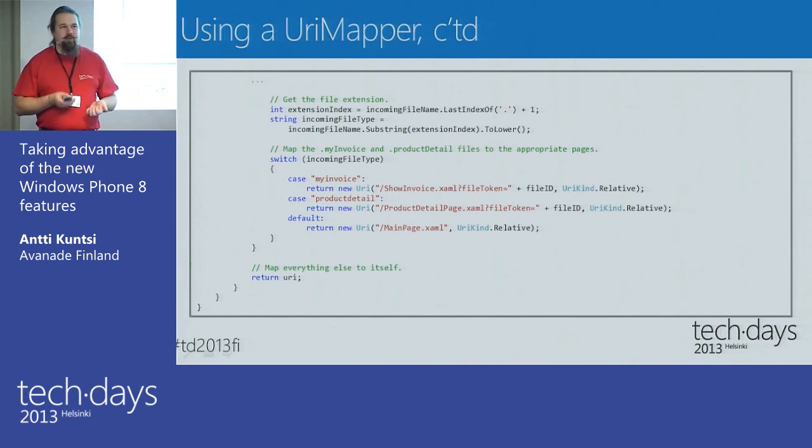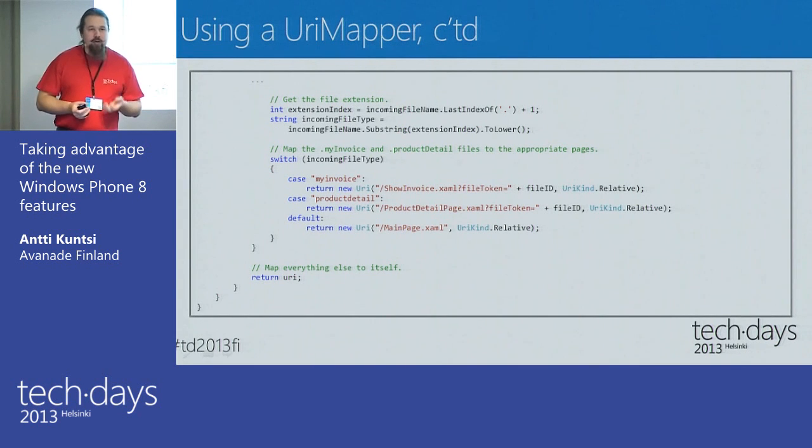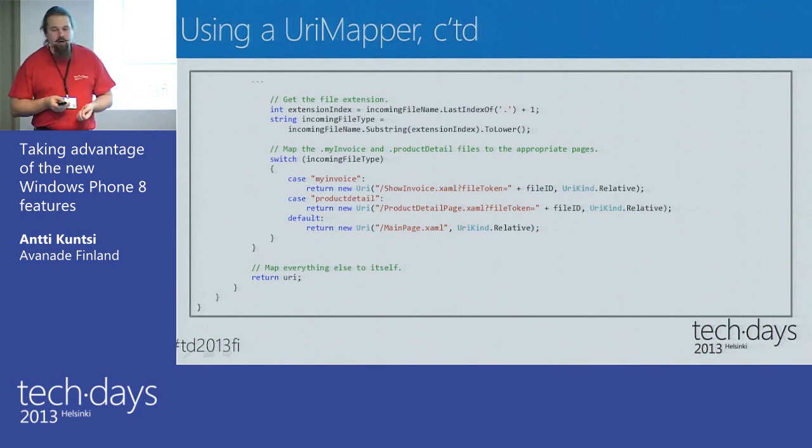Deal with the minimum amount of information where you can base your decision on. And then we return a URI onto a page with the token attached to the end. And if it's a URI that didn't start with the file association or protocol, then we return the URI as it was given to us, just to be safe that no navigation goes broken.